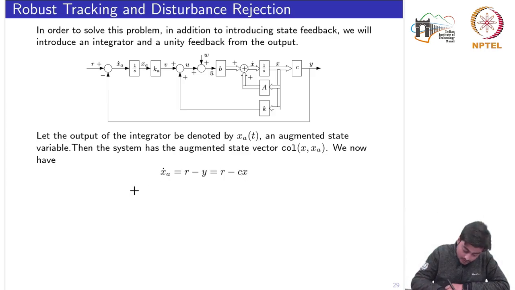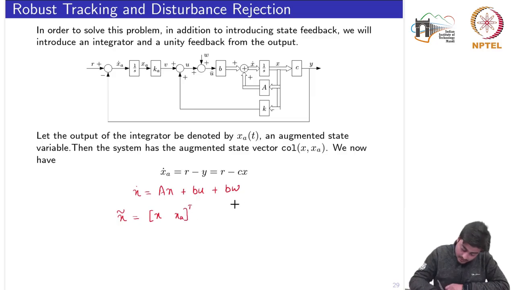So if we recall our original plant, which was x dot equals Ax plus Bu plus Bw, and if I augment this state and form a new vector, let's call it x tilde, and denote a new state vector as x and xa transpose.